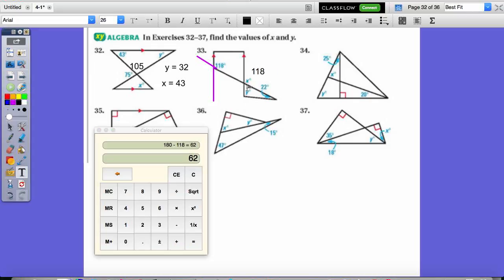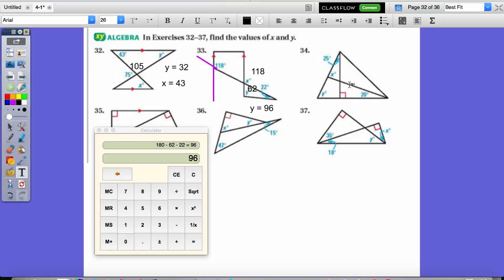That's that little angle right in there. So if you start with 180, you subtract that 62, and you subtract 22, you get 96. So y equals 96.